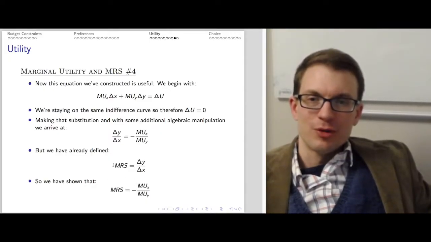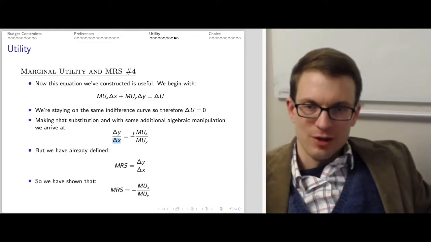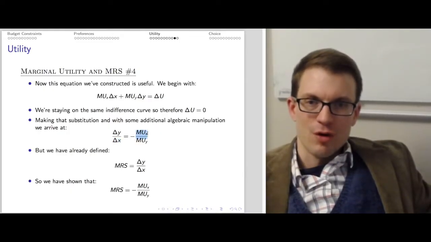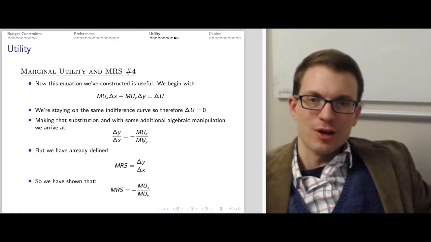Anyway, basically what this boils down to is the change in consumption of y divided by the change in consumption of x is going to give us the ratio of how my utility changes, my well-being changes, coming through x and coming through y.